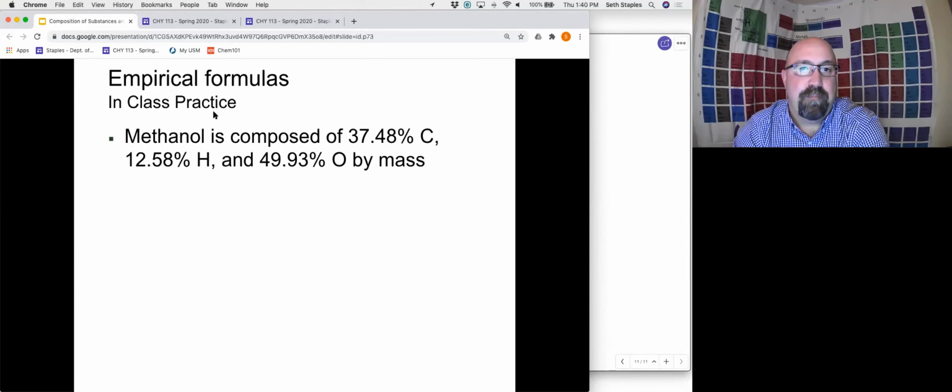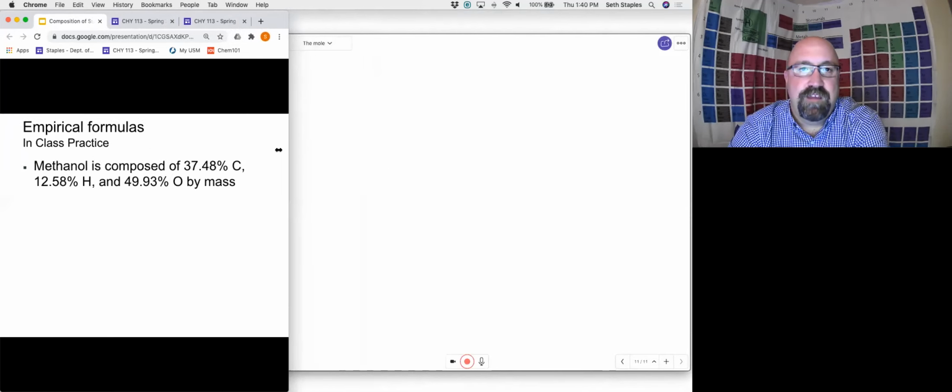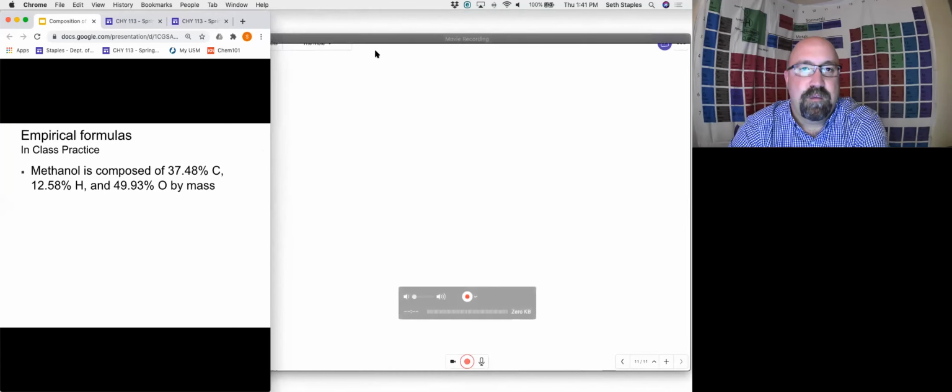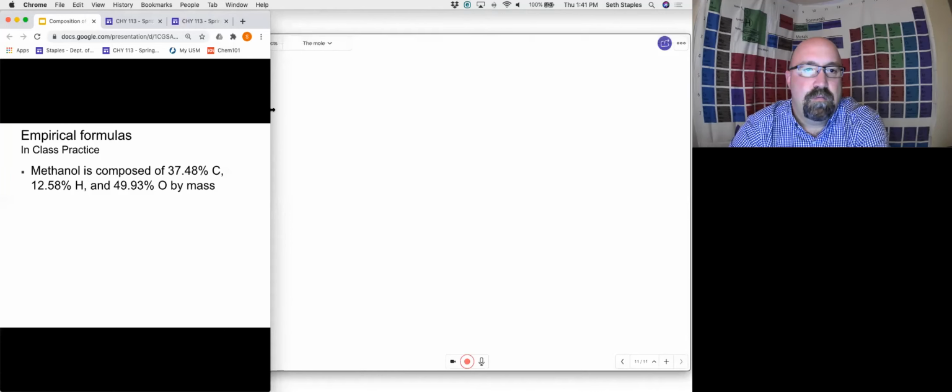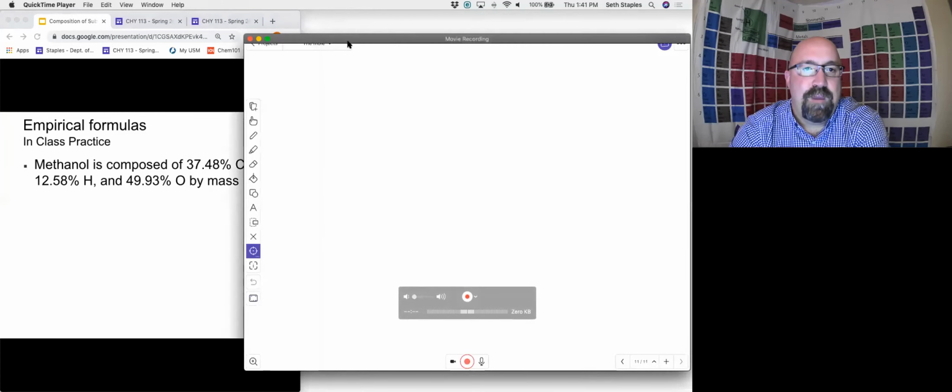Let's look at an example here. So here we have methanol. Just shrink this down for us so we can bring up the whiteboard, look at some things side by side. All right, so we have methanol.